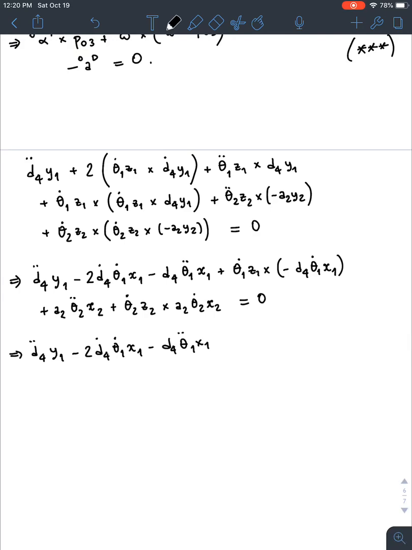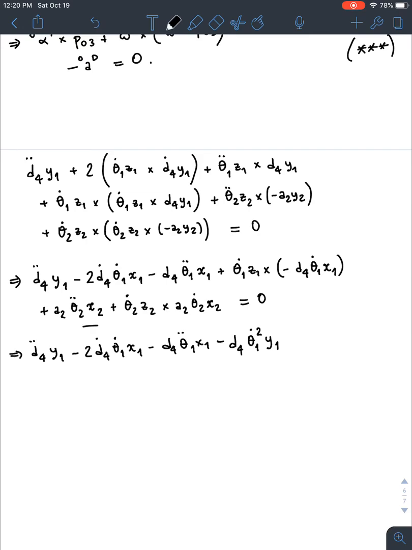Okay, I can simplify this next one. This says take all the scalars out and do the cross product between z1 and negative x1, which gives me a negative y1, right? Because z1 cross x1 is y1. With a negative sign, I have a negative. So I have a negative here. It's going to be d4 theta 1 dot squared in the y1 direction. Great.